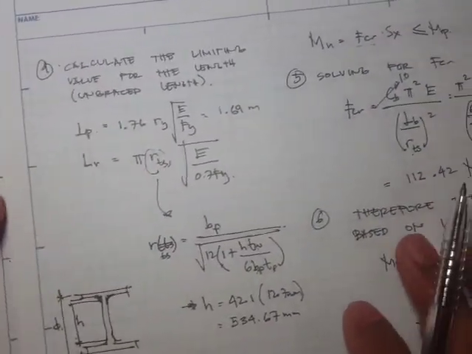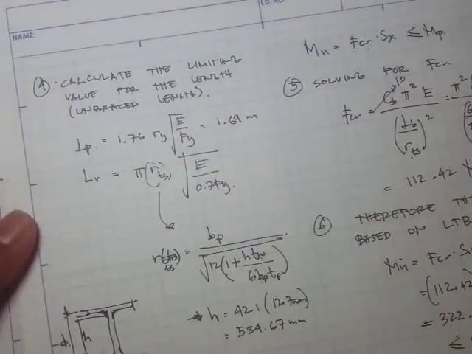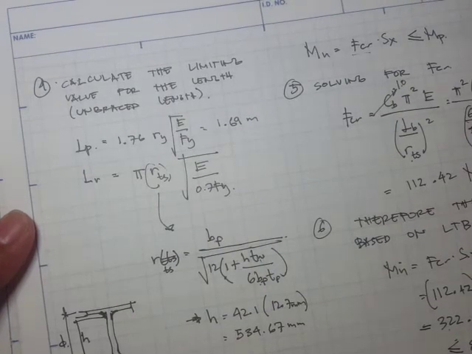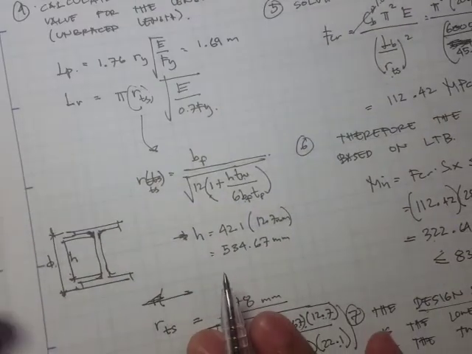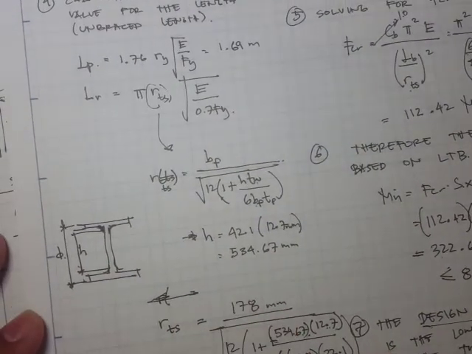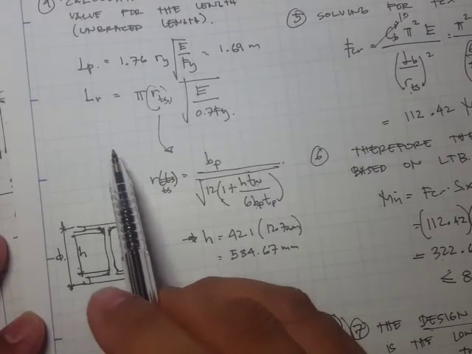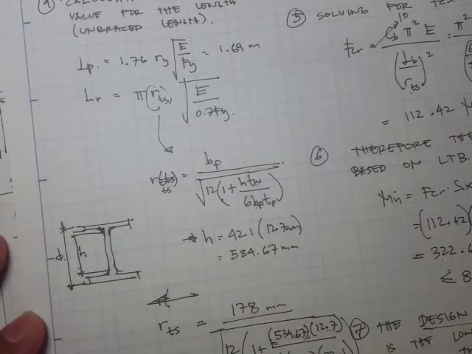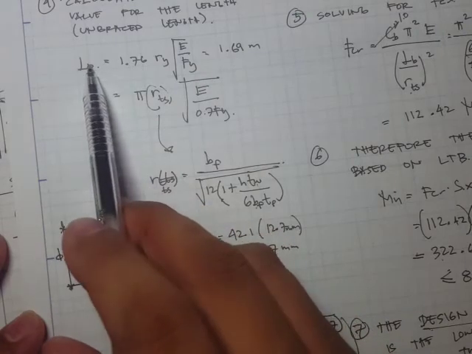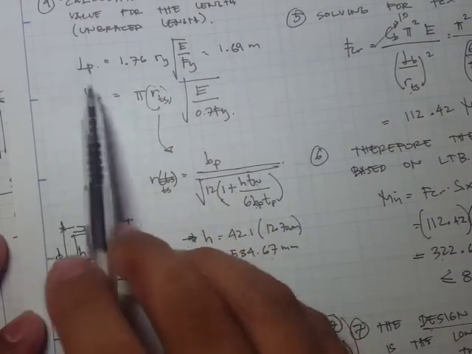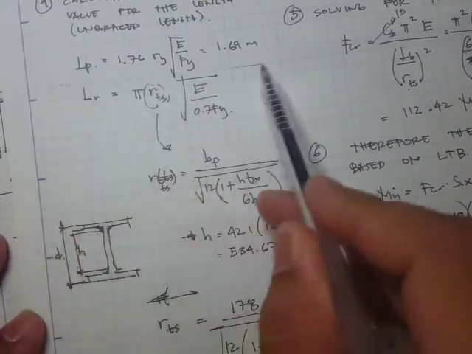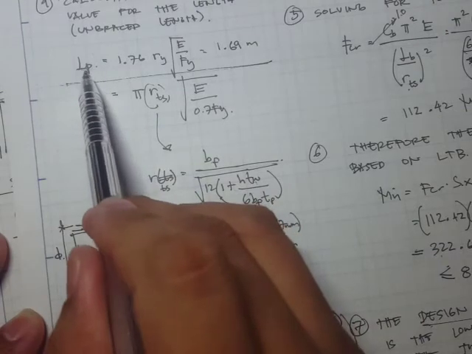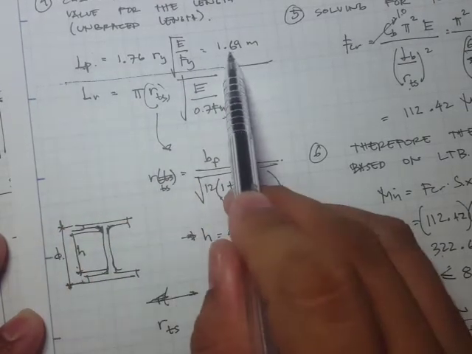After that, we solve for the nominal capacity based on lateral torsional buckling. But before that, we have to check first whether the unbraced length is below the limiting values, or between, or above the maximum limiting values. So we first check the limiting value L sub P, and we get 1.69.